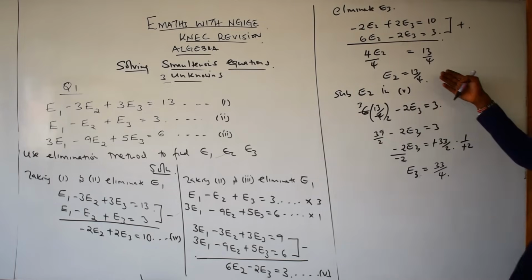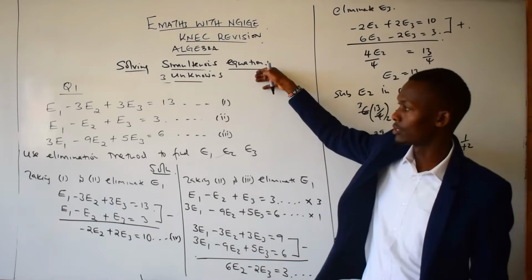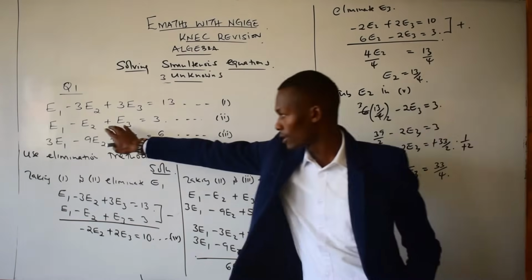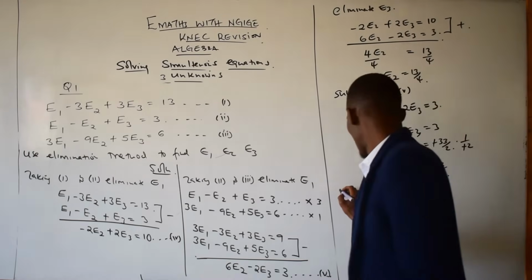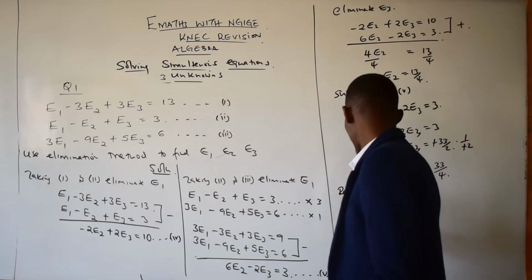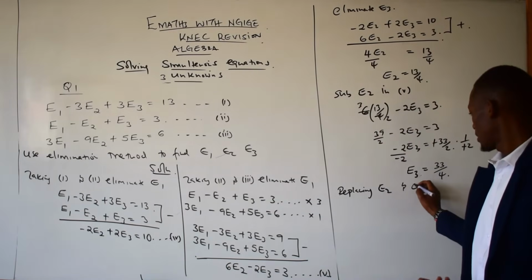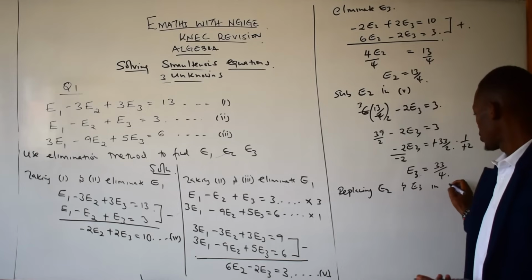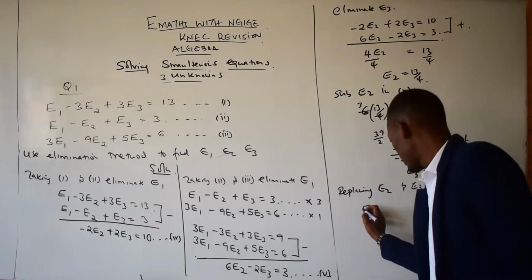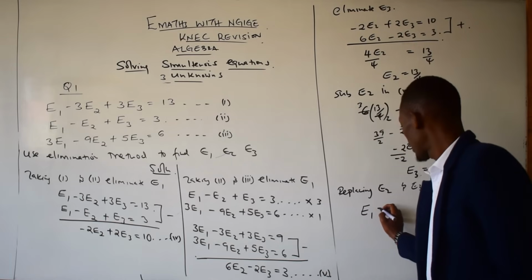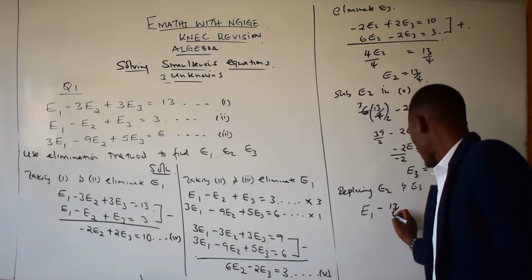Now again, replace the value of E2 and E3 in any of these three equations. So you can use the simplest one, which is this one. So substituting E2 and E3 in equation number 2. Let's use the 2. So we shall have E1 minus, what is our value of E2? 13 over 4.